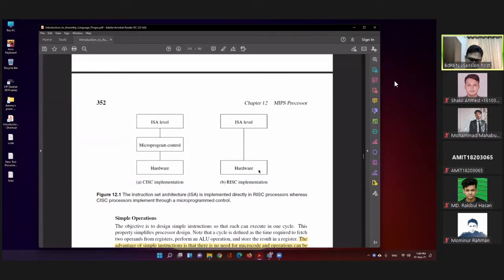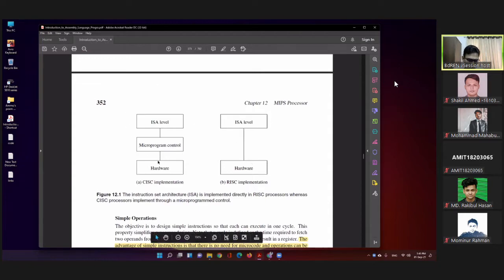Nowadays, many microprocessors try to shift from this to there. That means they really don't want this architecture to be that complex. That's why they are willing to shift from the CISC type of architecture to the RISC type of architecture, because it is simple and easier to implement.